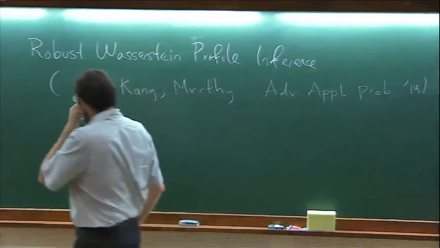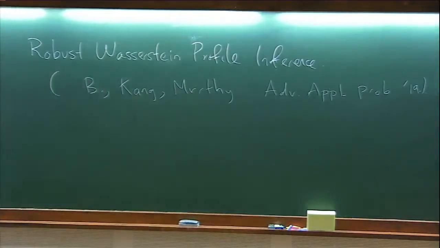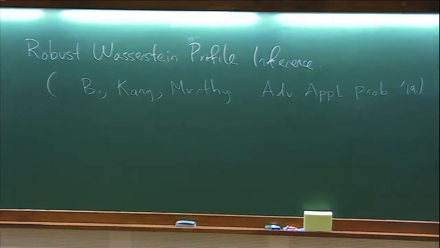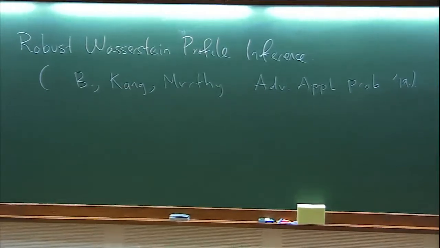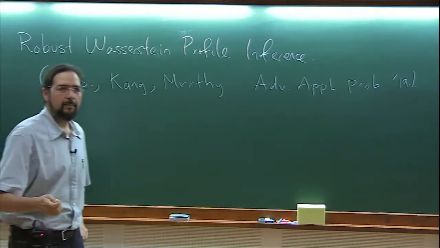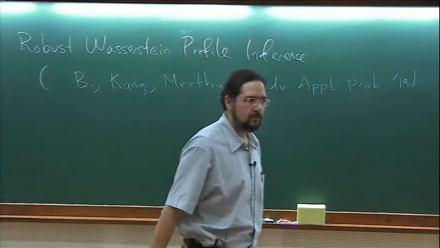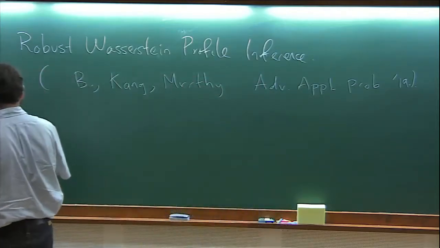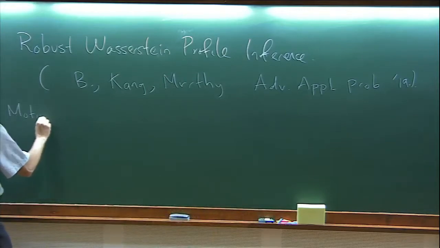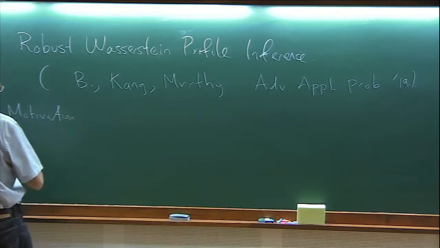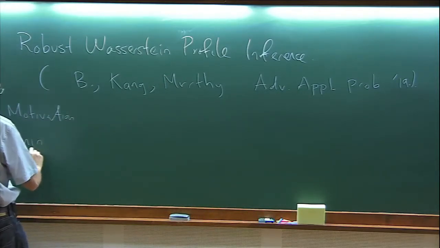Okay. So the motivation, I'm going to resume from where I left off in my talk. This is really an inference technique, but the motivation really comes from distributionally robust optimization. As a motivation, remember, we're interested in solving the following class of problems.